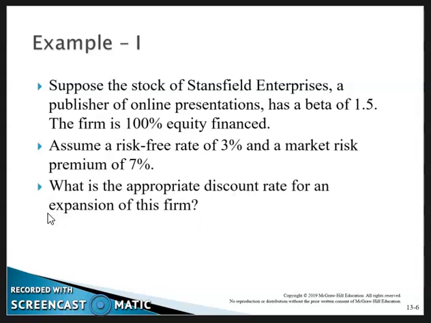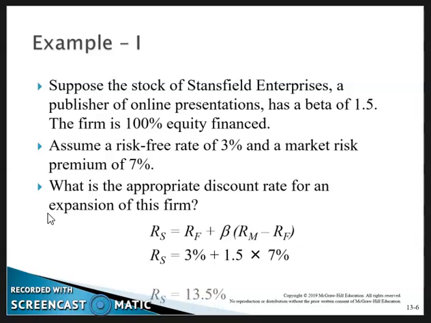So what's the appropriate discount rate? We're going to employ the CAPM. The appropriate discount rate for this firm would be the risk-free rate, 3%, plus the beta of 1.5 multiplied by the market risk premium of 7%. And you get 13.5%.